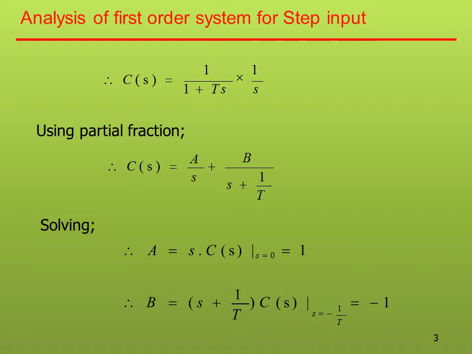Then about B. Now equate B divided by s plus 1 upon T to C(s). By transferring s plus 1 upon T to the other side, we get B is equal to s plus 1 upon T into C(s). Now see the denominator, s plus 1 upon T is equal to 0, so s is equal to minus 1 upon T. By substituting this value in this equation, we will get B equal to 1.